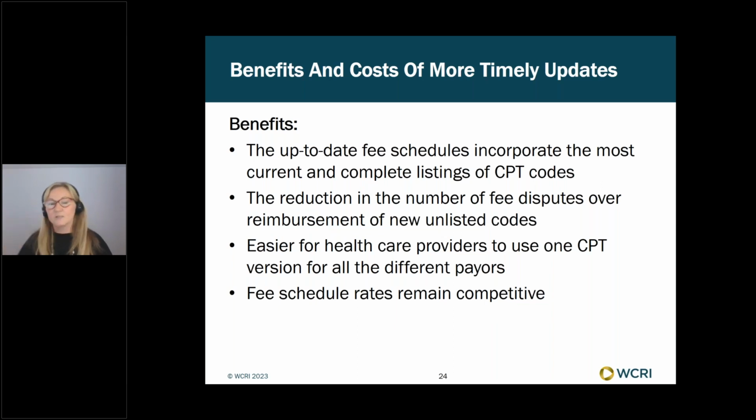In addition, it's easier for healthcare providers to use a single version of publication rather than many for different payers. Also, timely updates are essential for workers' compensation reimbursement rates to remain competitive, especially in the presence of medical inflation in the general healthcare system.